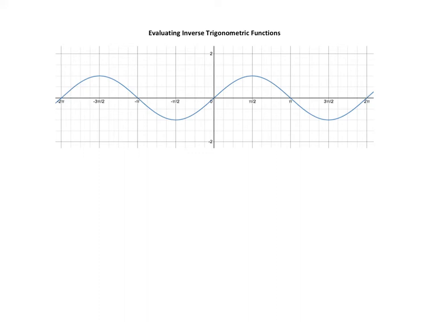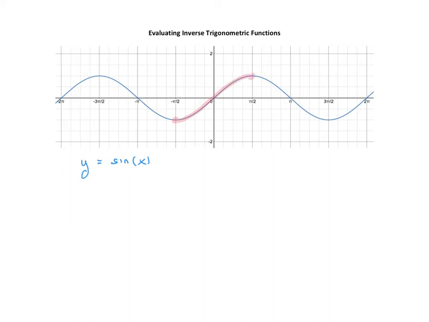In this lesson, we're going to focus on evaluating inverse trigonometric functions, and specifically with compositions of them. Now, as a reminder, here I have the graph of y is equal to sine of x. And from this graph, we were able to define an inverse trig function, which we called arcsine. But to do that, we had to restrict our attention between negative pi over 2 and pi over 2.